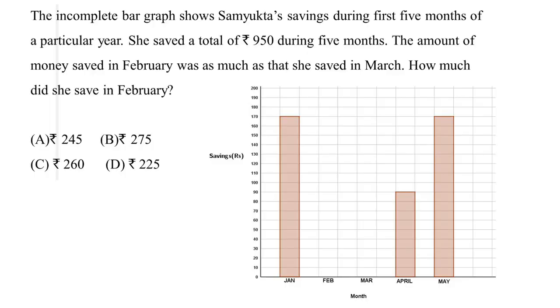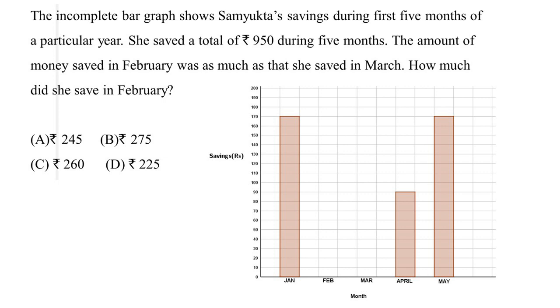The incomplete bar graph shows Samyukta's savings during the first 5 months of a particular year. She saved a total of rupees 950 during 5 months. The amount of money saved in February was as much as she saved in March.